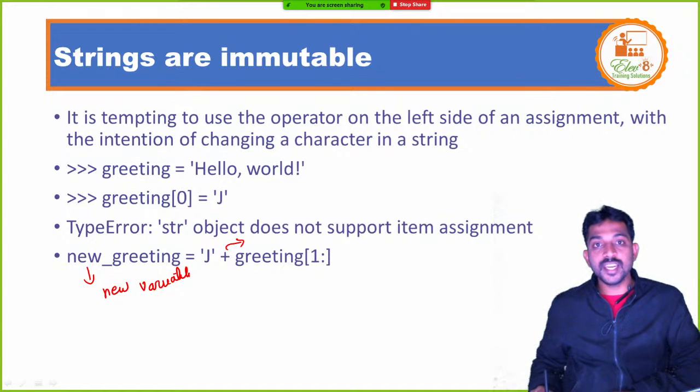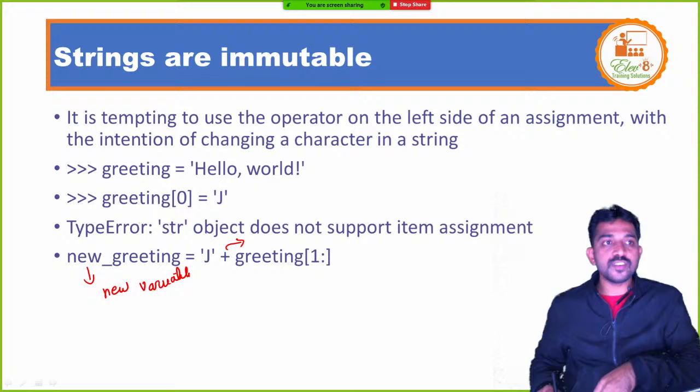Greetings[1:]. Yesterday we saw the slicing operation. Slicing means cutting. Here I started with 1 and didn't mention an end. So 1 means it starts at the first index. H is the zero index, E is the first index.